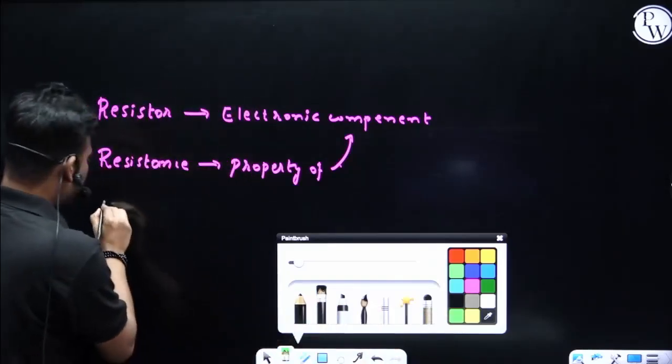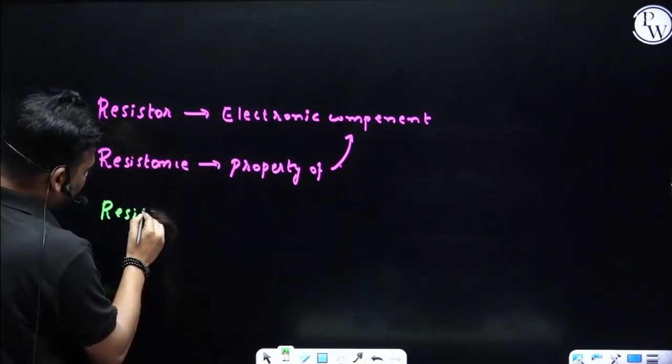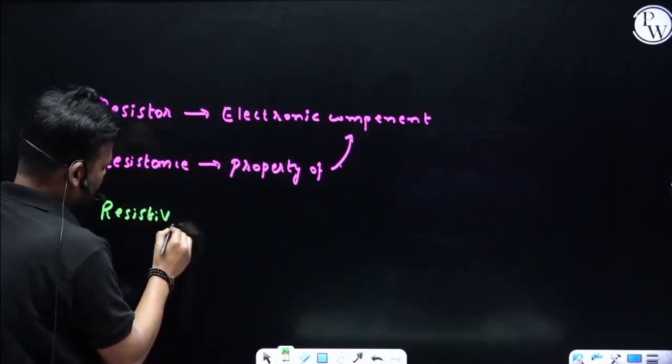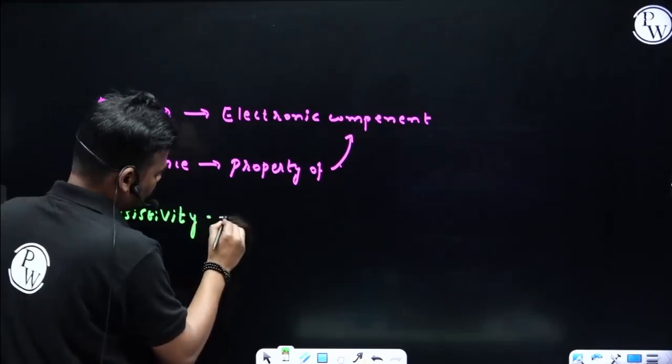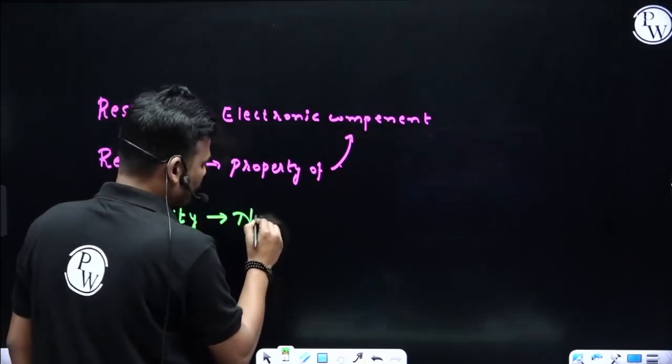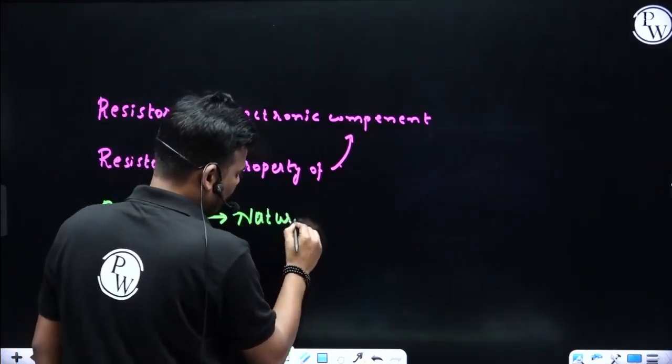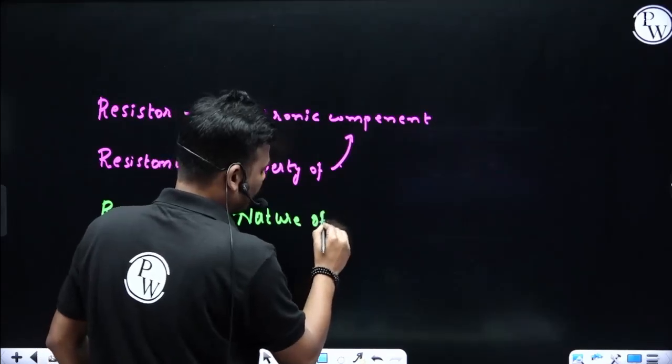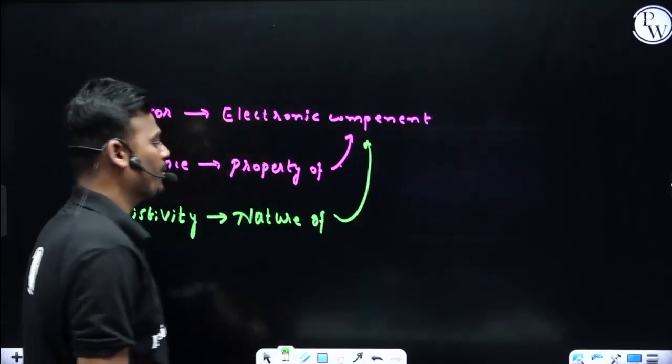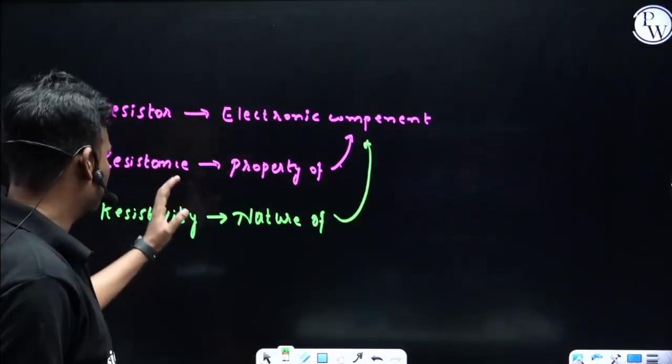And resistivity is the nature of this electronic component. So, resistor and resistance.